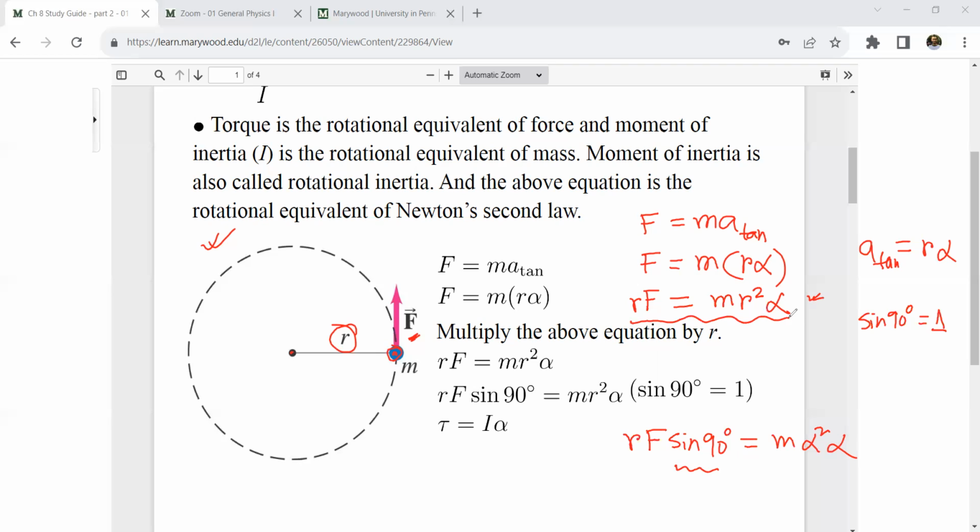We explicitly write sine 90 degrees, but sine 90 degrees is equal to 1, so it's exactly the same thing. What we did is multiply sine 90 degrees here on the left-hand side to write it as tau, right?